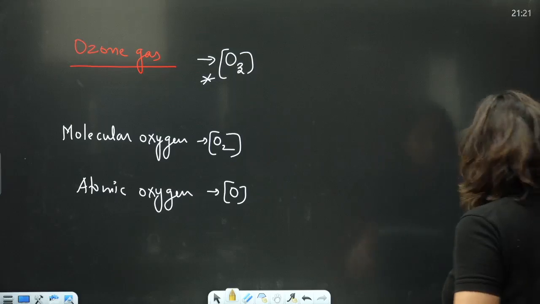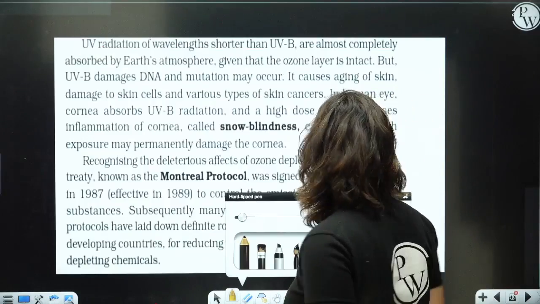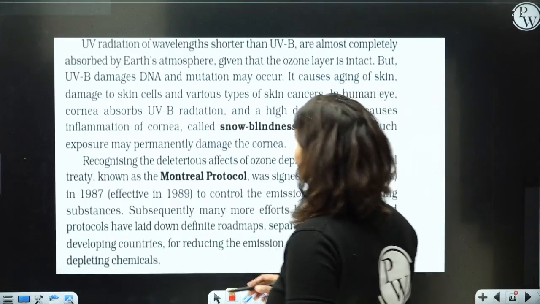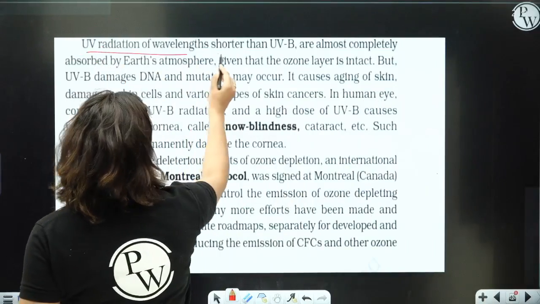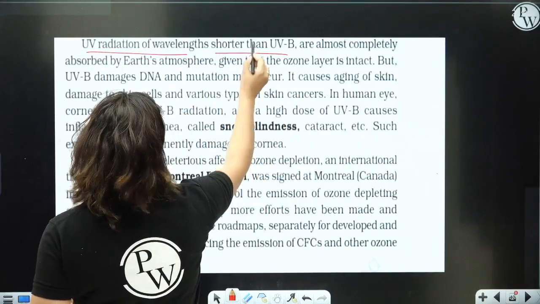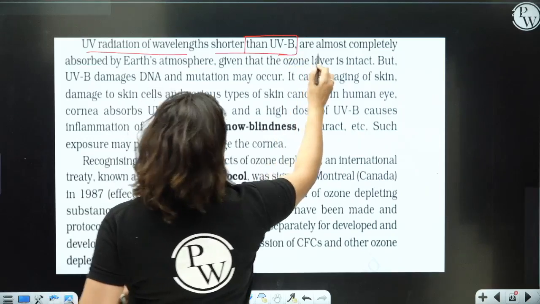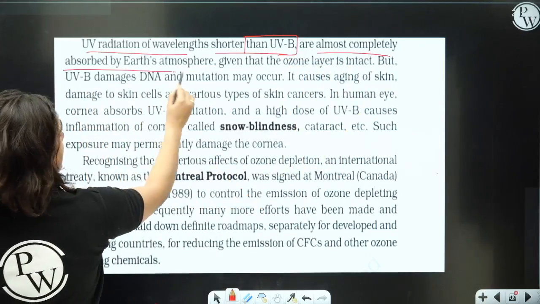So there is something which is important in NCERT, that UV radiation of wavelength shorter than UV ray B are almost completely absorbed by Earth's atmosphere.